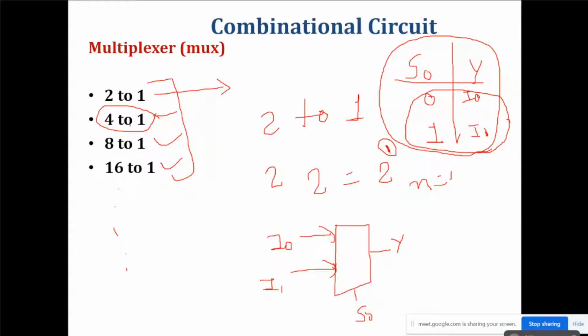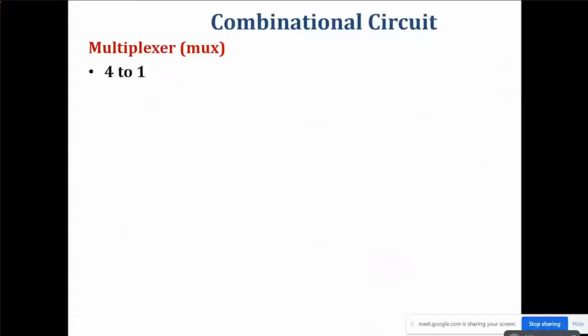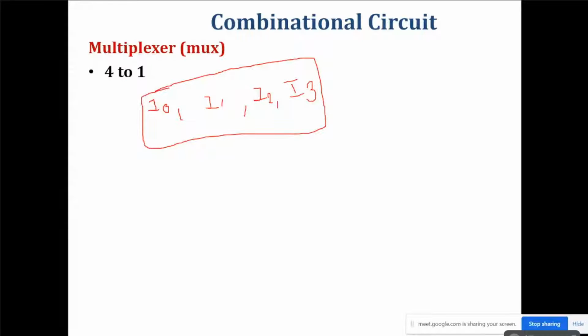We'll see with the example of 4 to 1. So here for the 4 to 1, suppose I0, I1, I2 and I3 are the 4 input lines. How many selection lines do we need to select one of those lines?